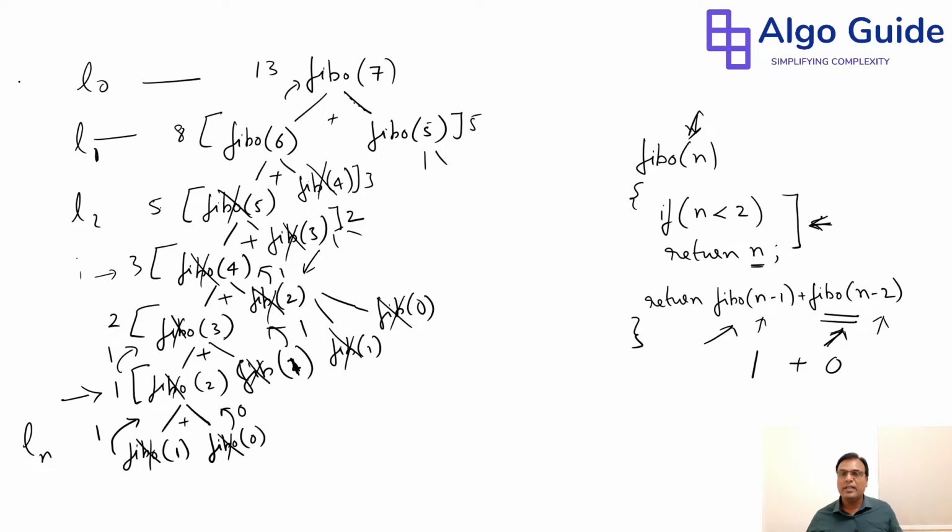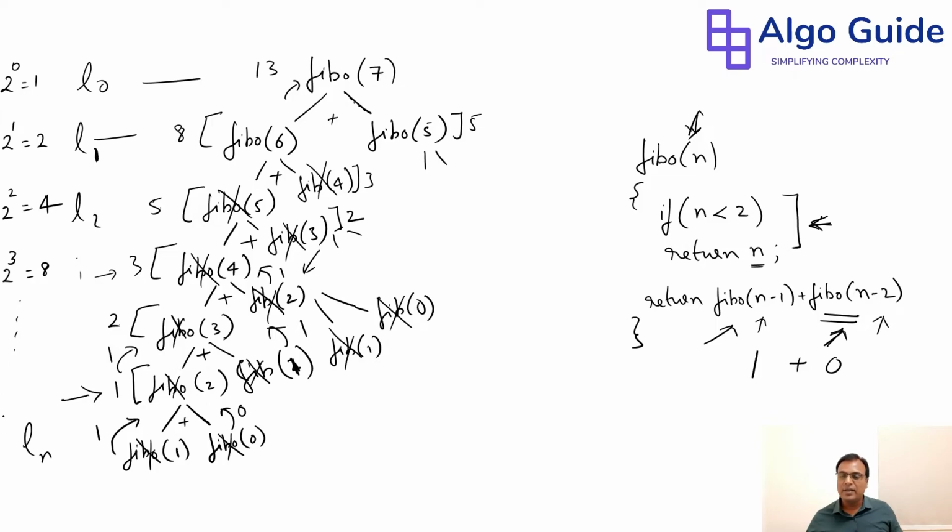So at the 0th level, the number of function calls is 2 power 0, that is 1. At the first level, the number of function calls is 2 power 1, that is 2. At the second level, it is 2 power 2, which is 4. At the third level, it is 2 power 3, that is 8, and so on.